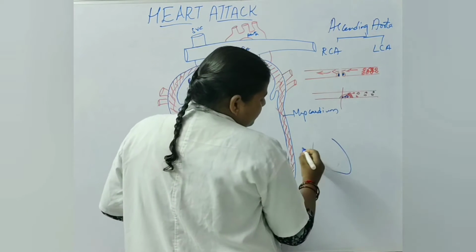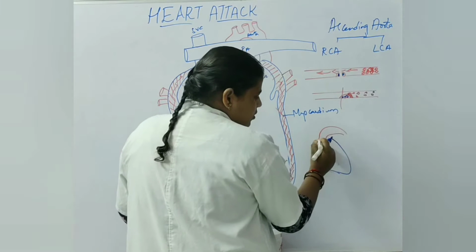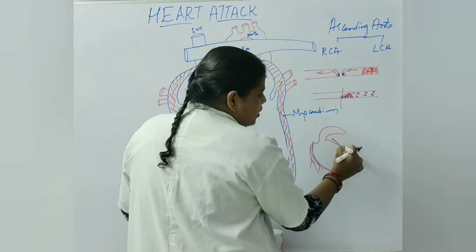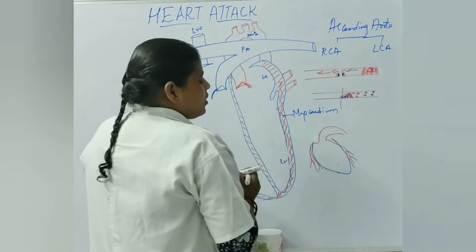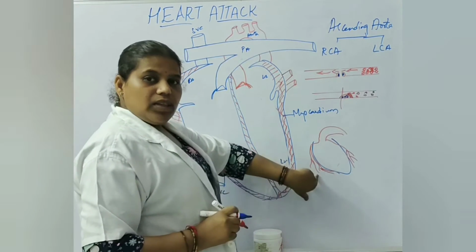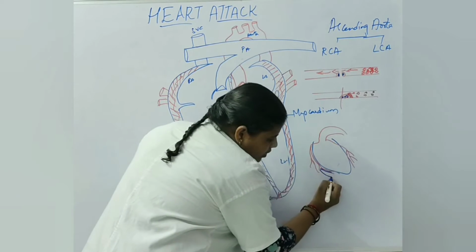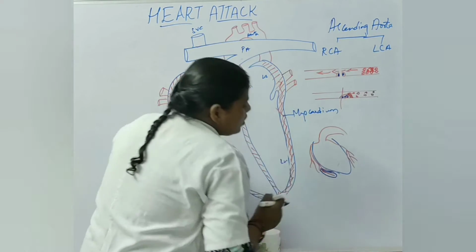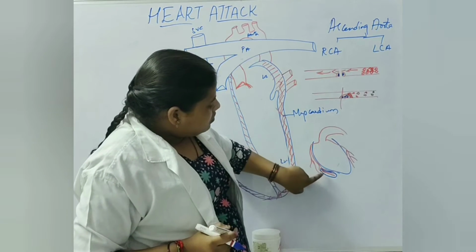This is the heart. Now, this is the aorta. This is a coronary artery. This is an example which I am making to understand. If this is a coronary artery, it will supply blood to the ventricles also, right? If there is a blockage in this artery, for example, there is no blood flow to this part.